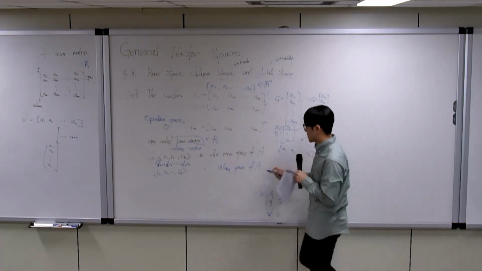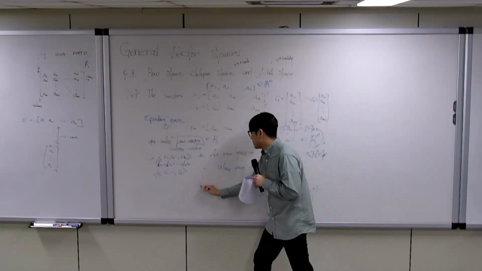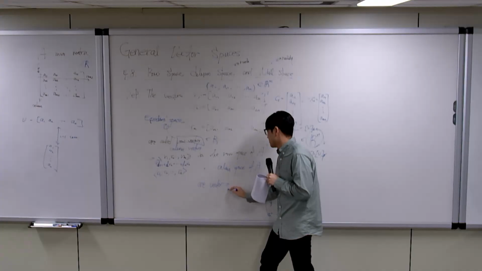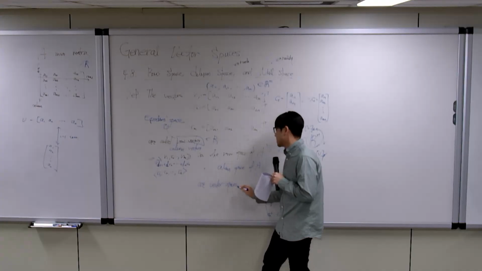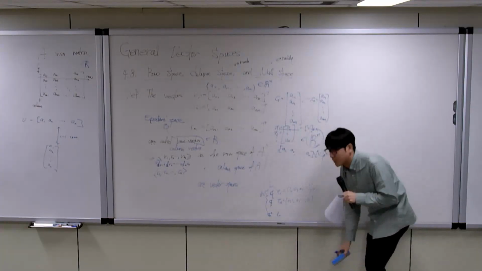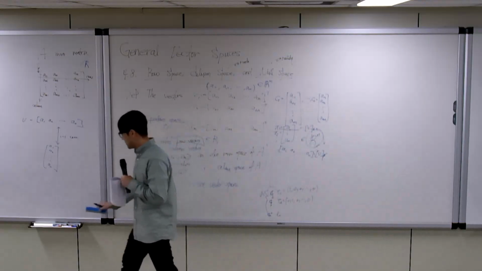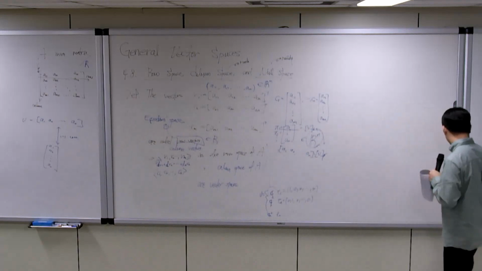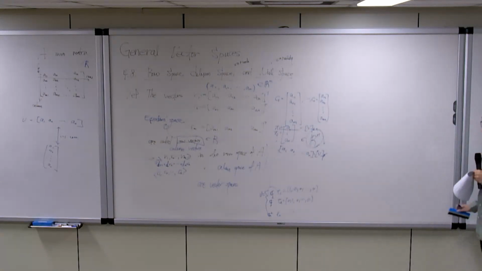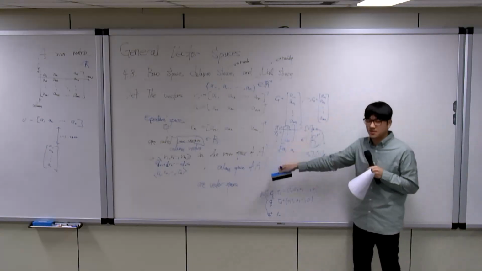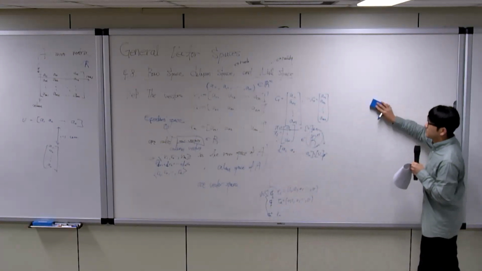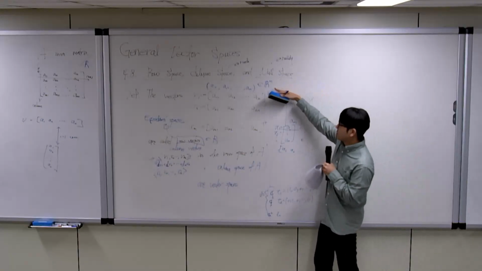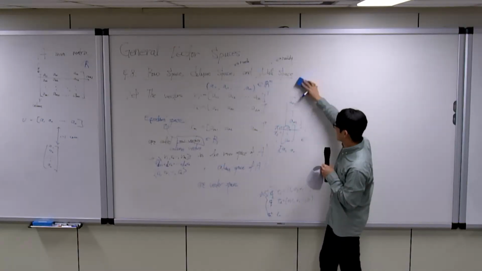row space and column space are vector spaces. And in this sense, you do not need to consider what is row, what is column. I just want to note it is a vector space in R to the n and R to the m.